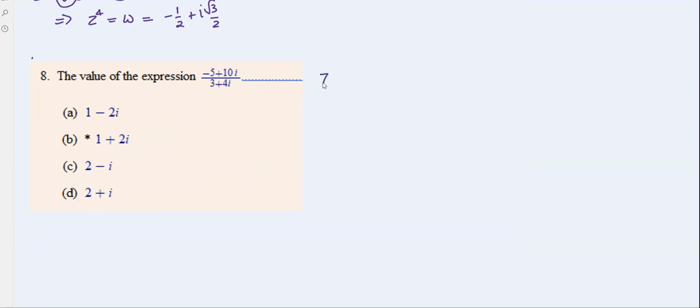So we have to simplify this expression, minus 5 plus 10i by 3 plus 4i. What do we do? Multiply with the conjugate of the denominator. Both in the numerator and denominator, we multiply this conjugate.